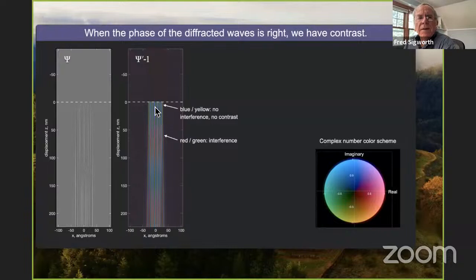So the lower the defocus, the longer this periodicity. Low defocus means that we are picking off the interference right here, very close to the specimen, and that means that we have no interference until we get to pretty high spatial frequencies. That's the way to think about it. Is that helpful?